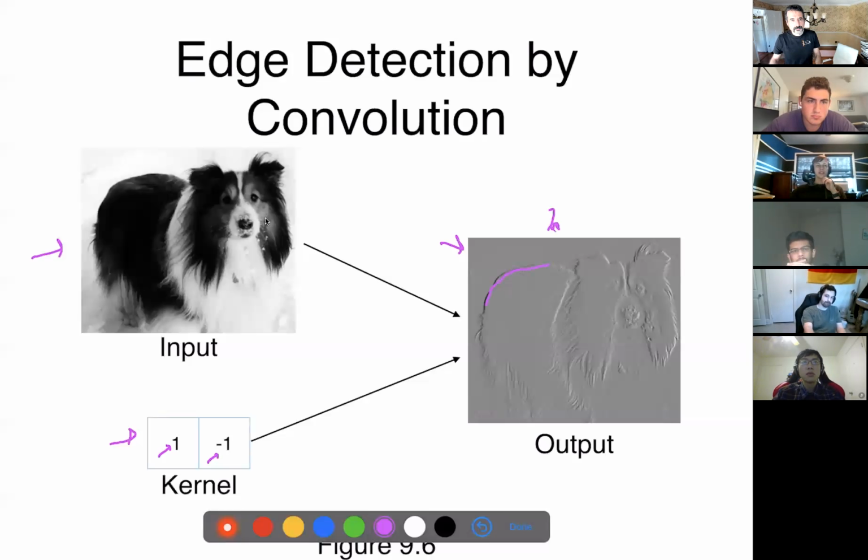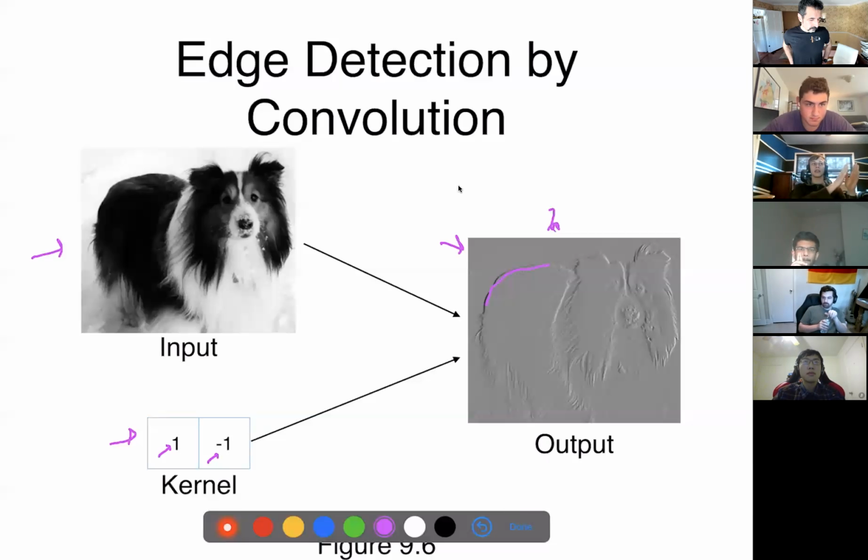Would the orientation of this kernel make it more sensitive to edges in a vertical difference as opposed to a horizontal difference across the picture? Say it again. So would this kernel, being a 1 by 2, make it more sensitive in some way to differences in edges?